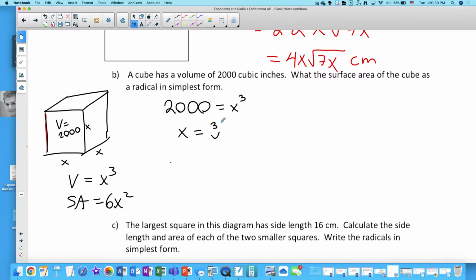Now, you could at this point do prime factorization, and that's fine. But some of my cubes and squares and whatnot, I just remember. And I know that 10 cubed is 1,000. And 2,000 is 1,000 times 2. So I know that from the 2,000, I can pull a 10 out, right?